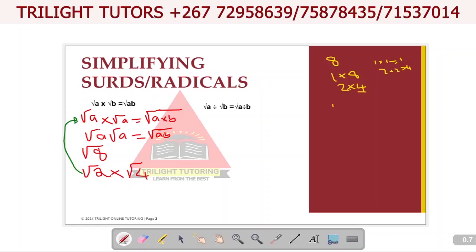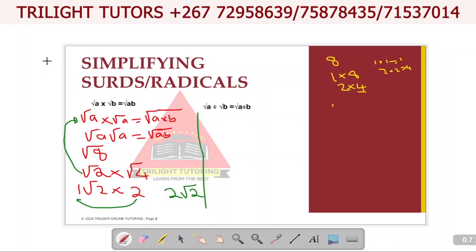So we're going to have the square root of 2 times 2, right? We're going to assume that there's a 1 here, so we say 2 times 1, and then we have 2 root 2, right? That's how we simplify the square root of 8.